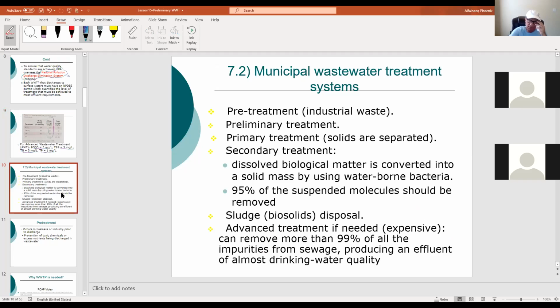Okay, so stages. Pre-treatment. By that we mean, if you have any industry, or commercial, or lab, or whatever, and they want to connect to your wastewater collection system, in other words, say there's an industry here and they want to connect to this sewer, this is not the same as household wastewater.